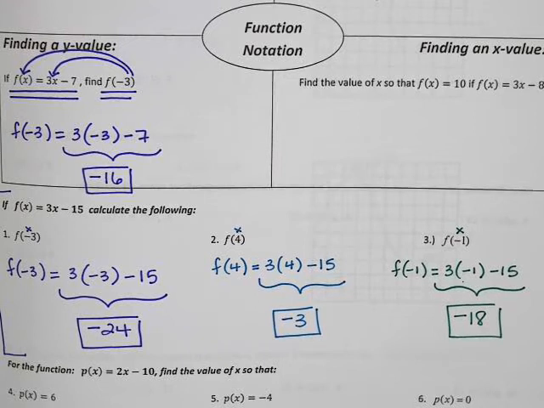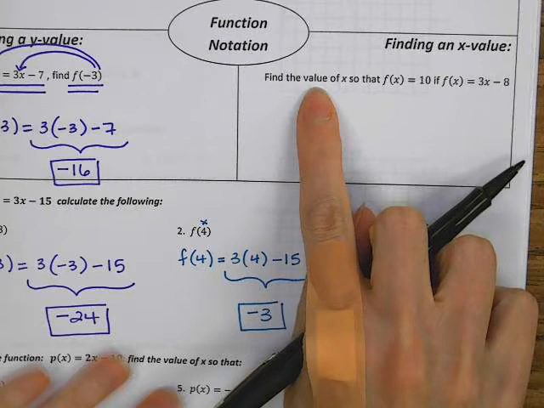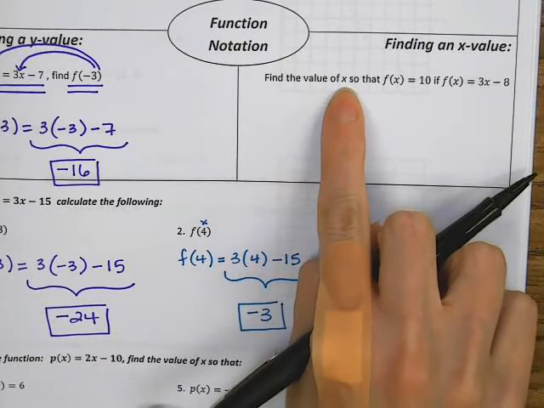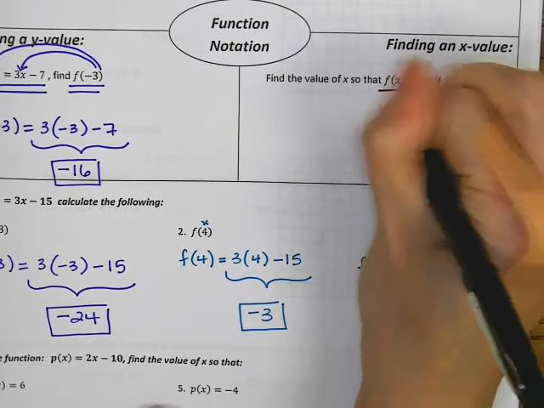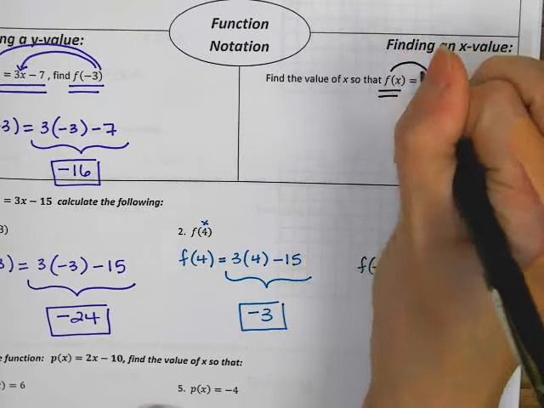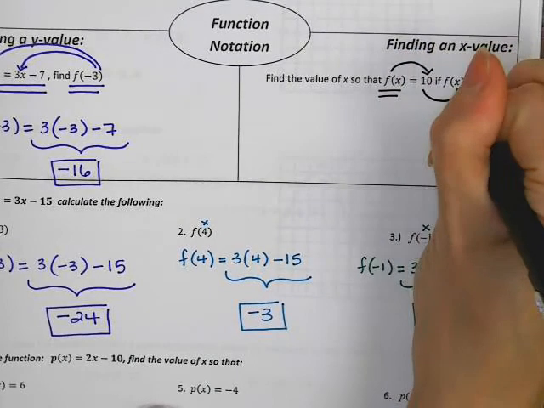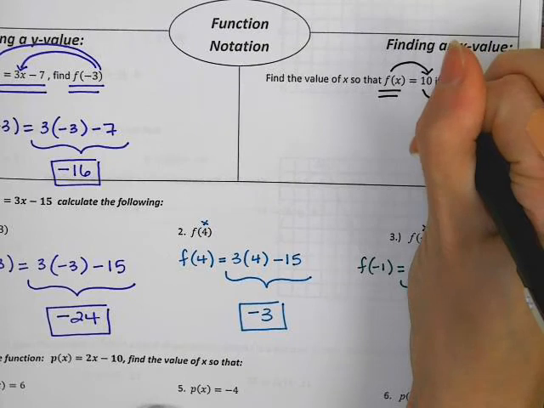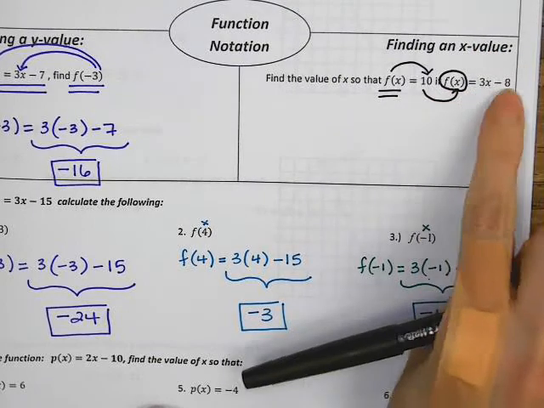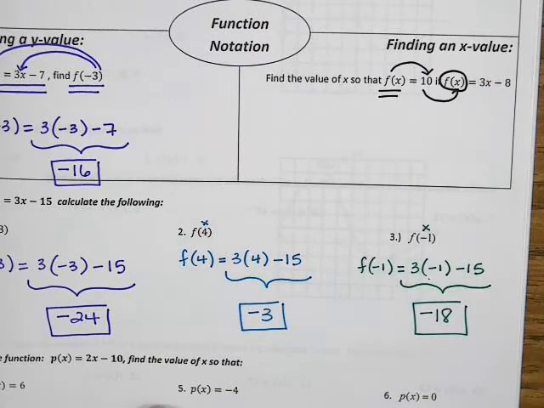Now, one more thing. They might give you a problem that says this. This time it says find x so that the function value is 10. So this time they want you to plug the 10 in to this, and they want you guys to solve for x.